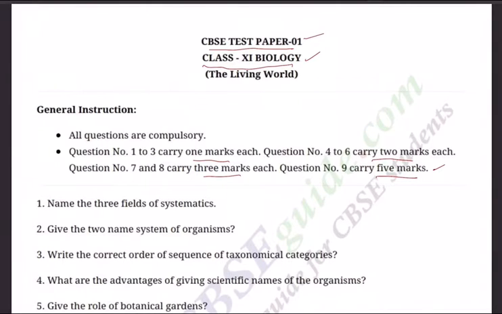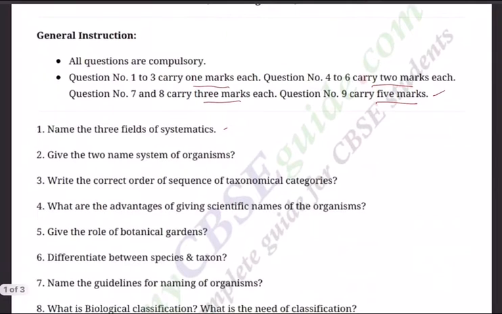Question number 1. Name the 3 fields of systematics. Question 2. Give the two name system of organisms. Question 3. Write the correct order of sequence of taxonomical categories. Now when I am reading the questions, you should get the flashback.